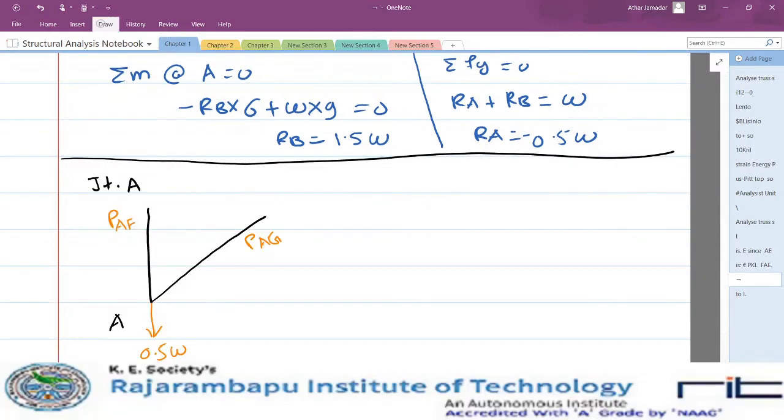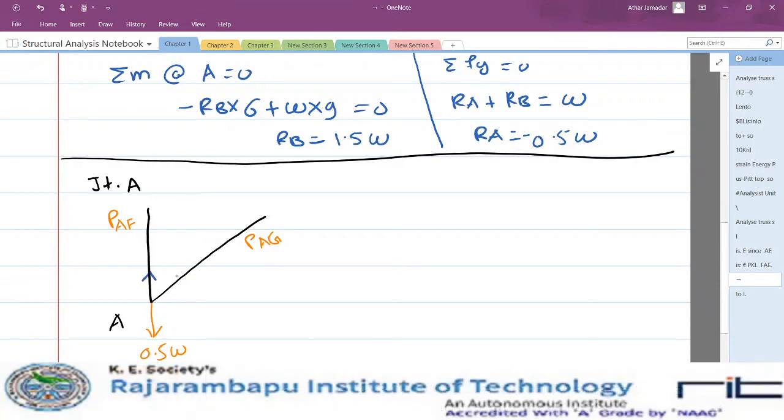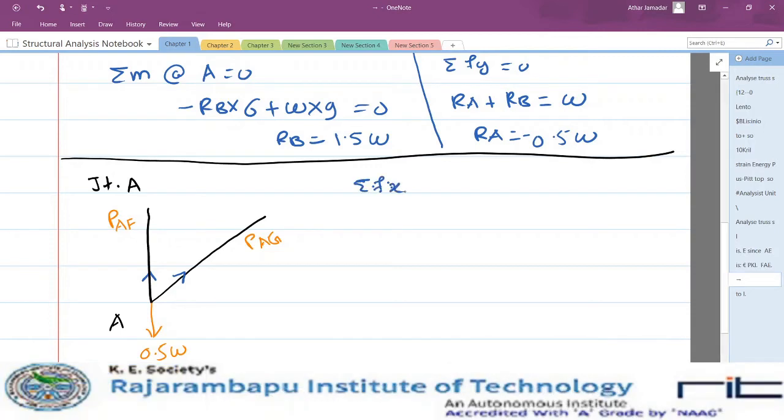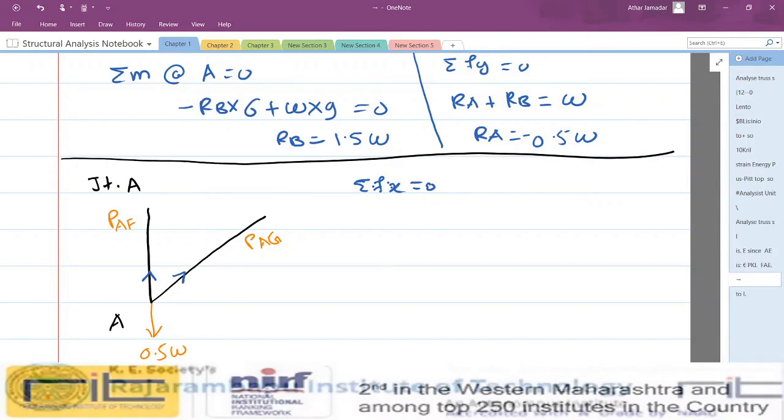We will assume direction first of all. Let us assume AF is going away from joint, and similarly AG is also going away from joint because external force is acting in downward direction. So we will say that these internal forces will go away from the joint. Take summation of Fx is equal to 0, then no horizontal force is acting, there will be only horizontal component of AG.